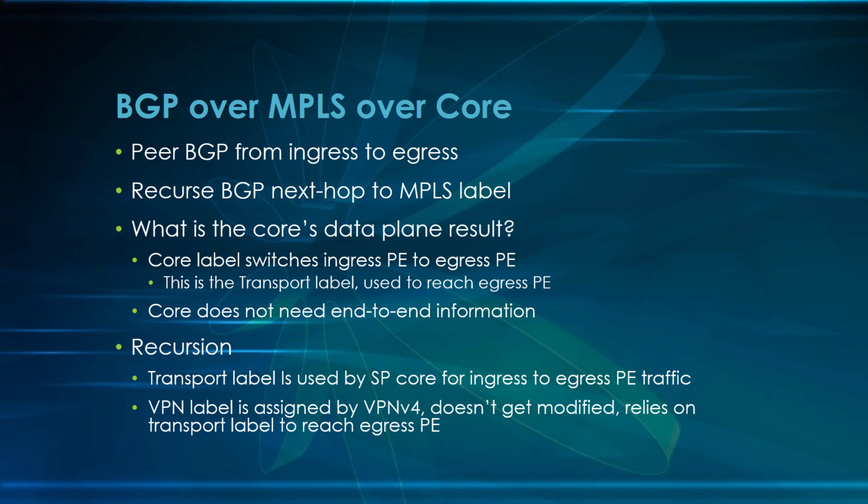Although what's kind of interesting about the whole situation is it may look like the transport label doesn't change on a per hop basis, when I can assure you it does.